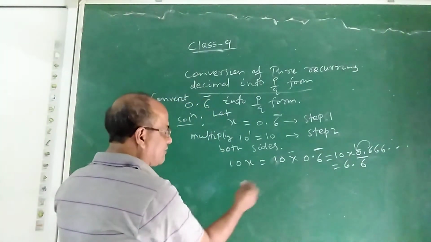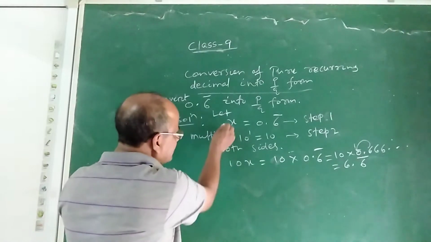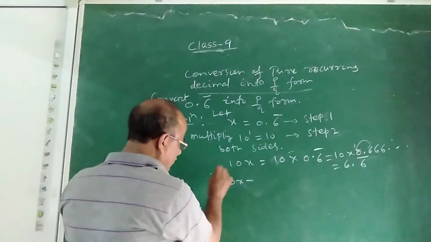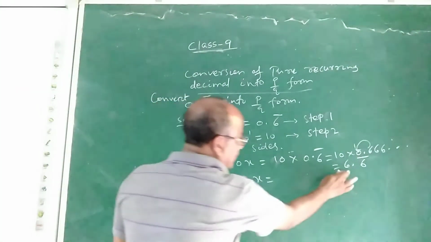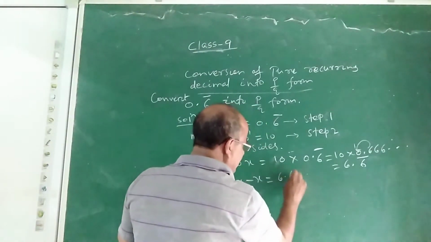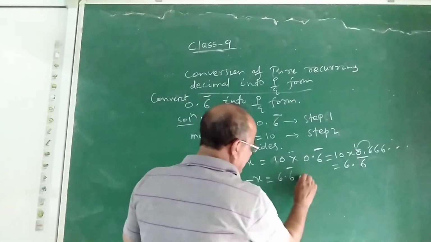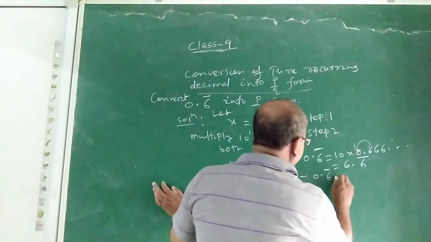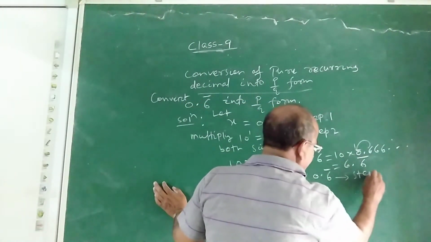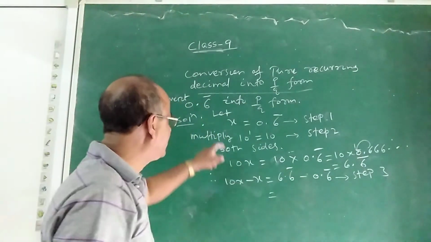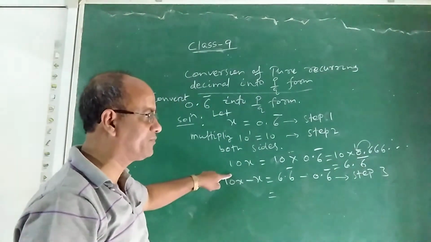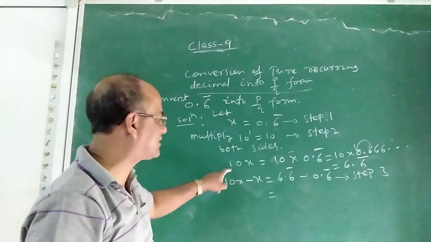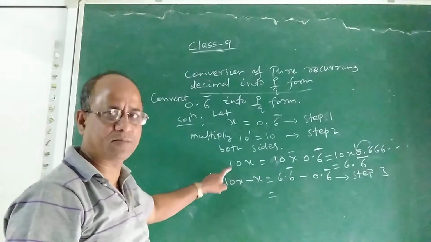After multiplying 10 to the power n on both sides, what is the next step? Step 3 is you subtract x from 10x. The value of 10x is 6.6 bar and the value of x is 0.6 bar. So in step 3, you subtract the first step from the second step.